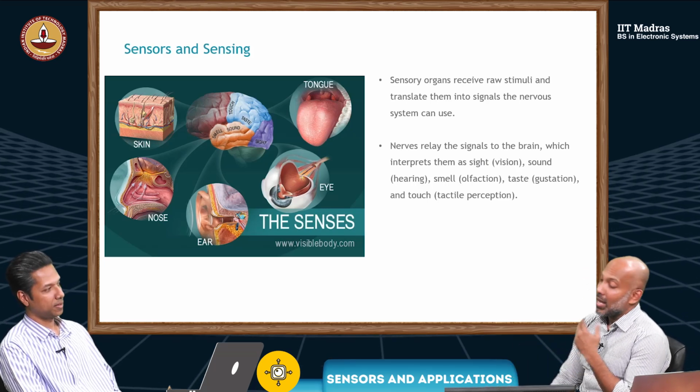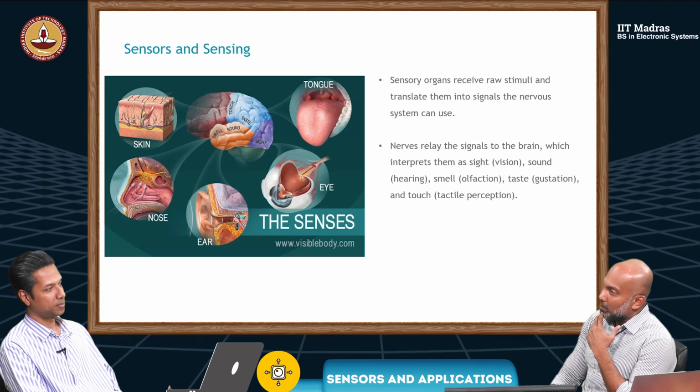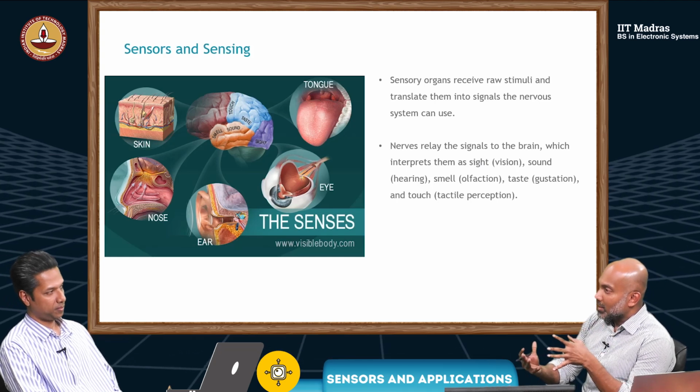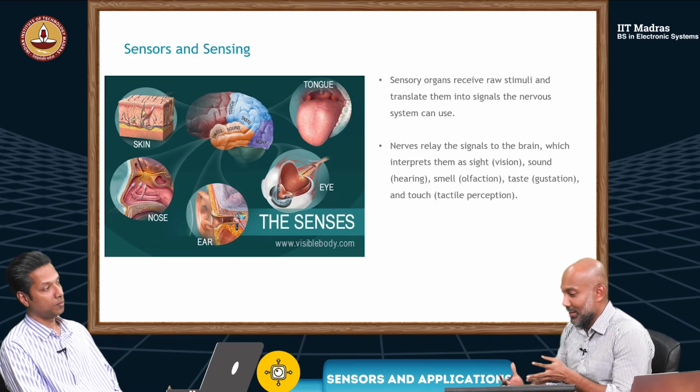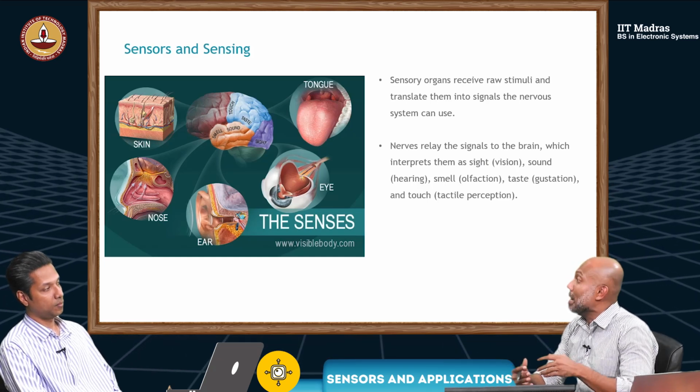So the main point here is that if you don't know anything about sensors, this is a very nice way to imagine.